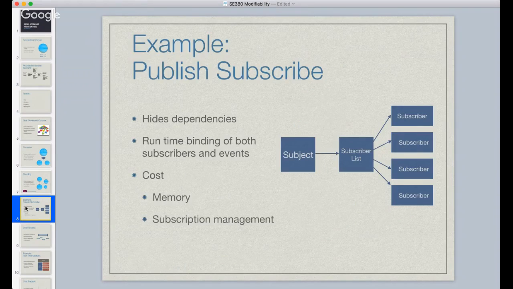Now, one way that we can decrease dependencies is to push the binding out, and we're going to spend a lot of time talking about binding here. We can do this by hiding the dependency through an intermediary. And one of the most common models we see is seen in the publish-subscribe pattern.